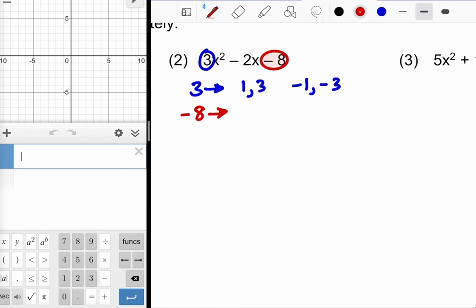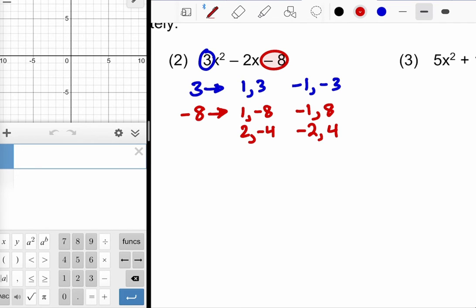So negative 8, there's a bunch of different possibilities there. It could be 1 and negative 8. It could be negative 1 and positive 8. It could be 2 and negative 4. It could be negative 2 and positive 4. Or we could flip them around. Negative 8, 1, 8, negative 1. So that's a possibility that we've got to be mindful of.